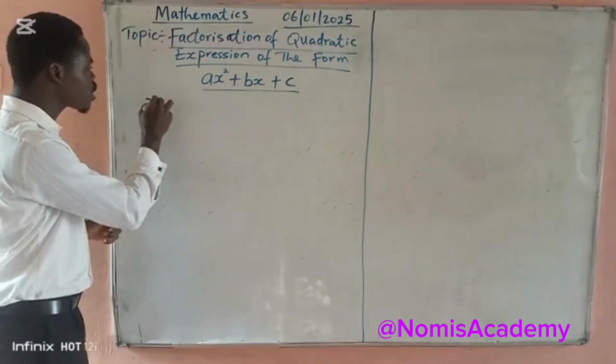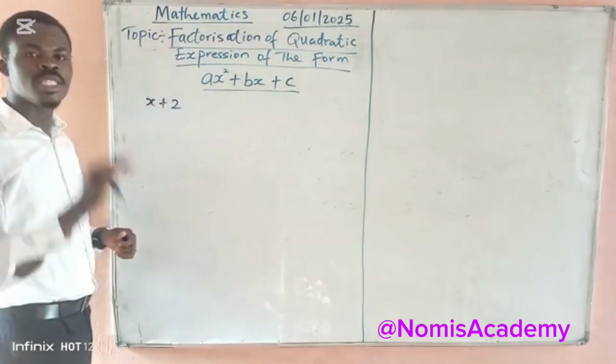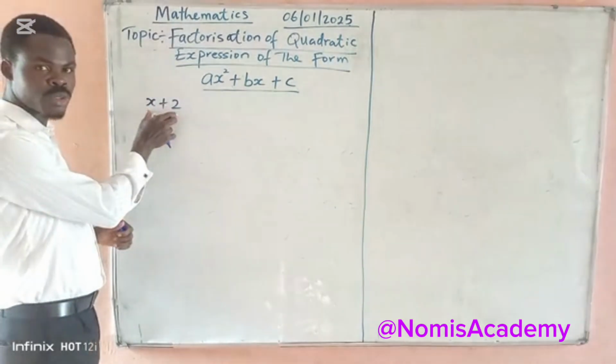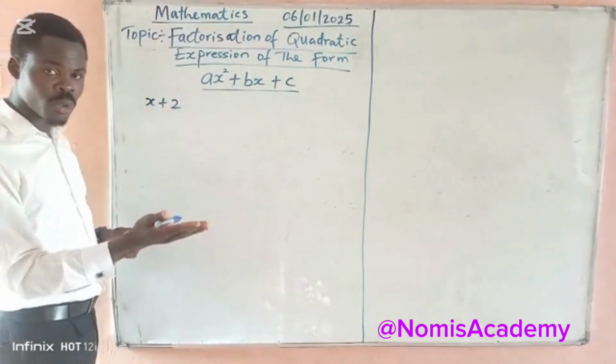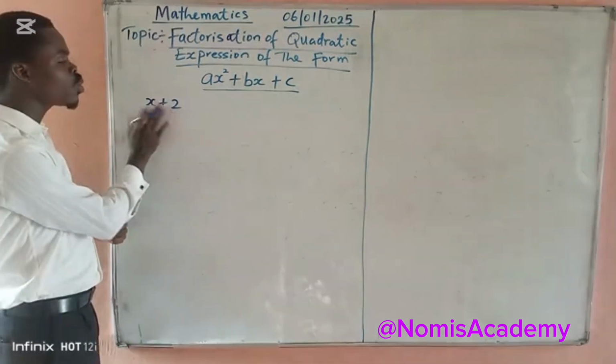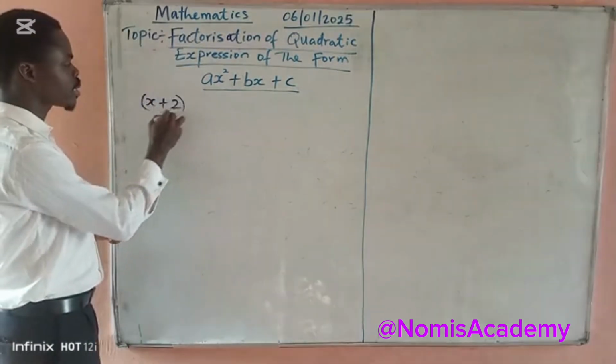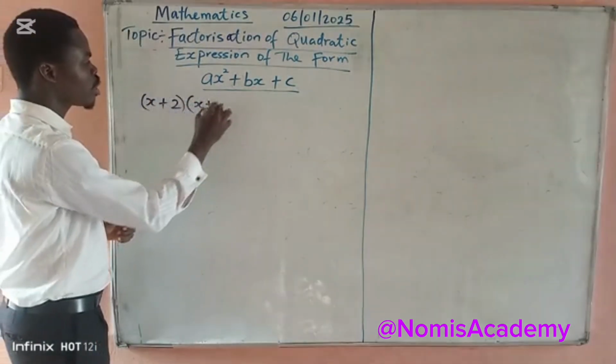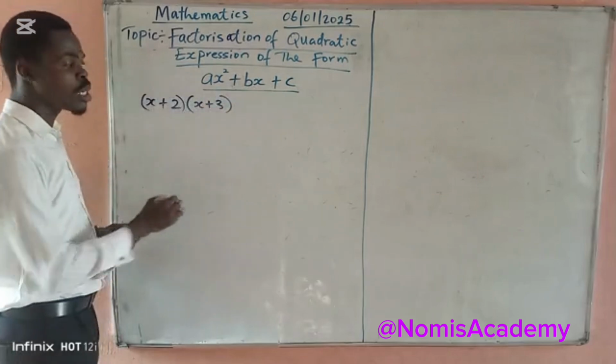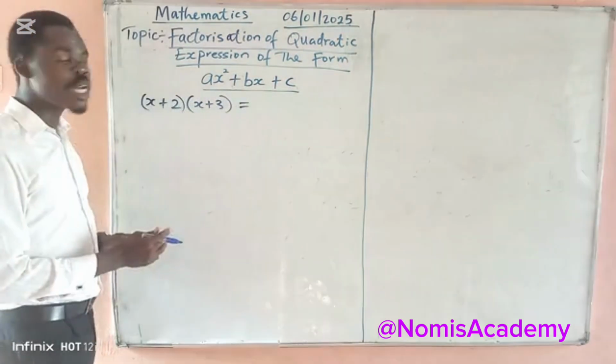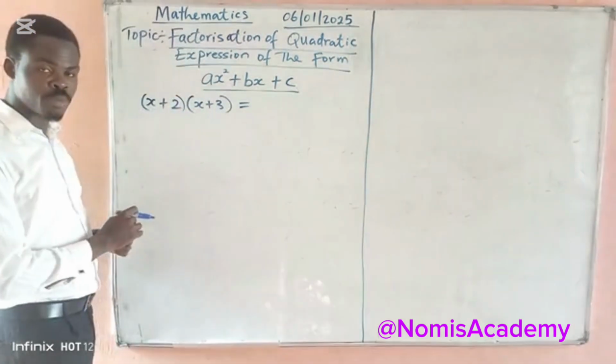Now, x plus 2 is a linear expression or a linear factor. The product of two linear factors like this, x plus 3, will give us a quadratic expression.